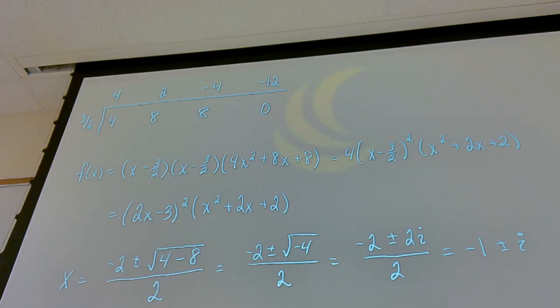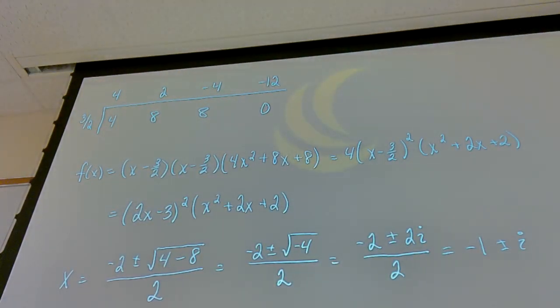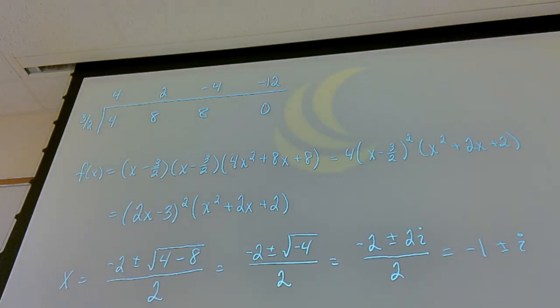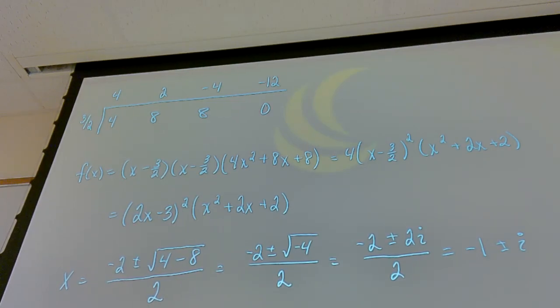Guess I'll be nice and make it multiple choice. 0, 1, 2, 3, or 4. Okay, so we have 4. Someone's saying 2. Okay. Anyone else want to make a guess? 0. Someone says 0.